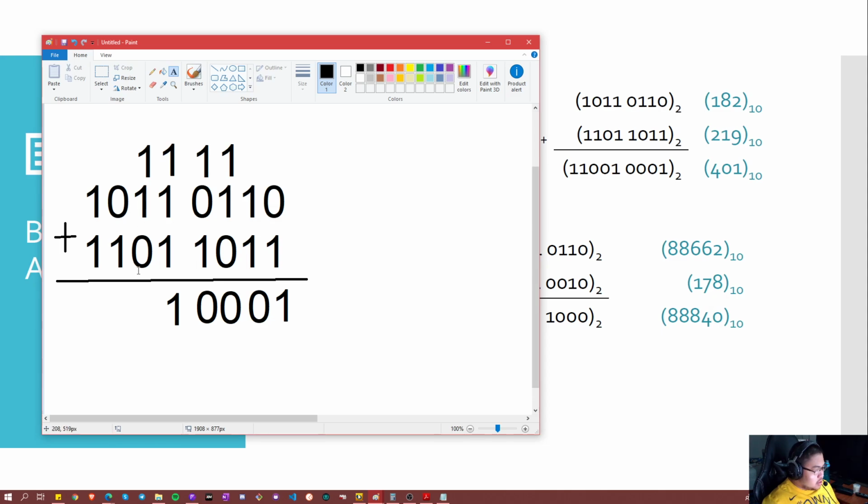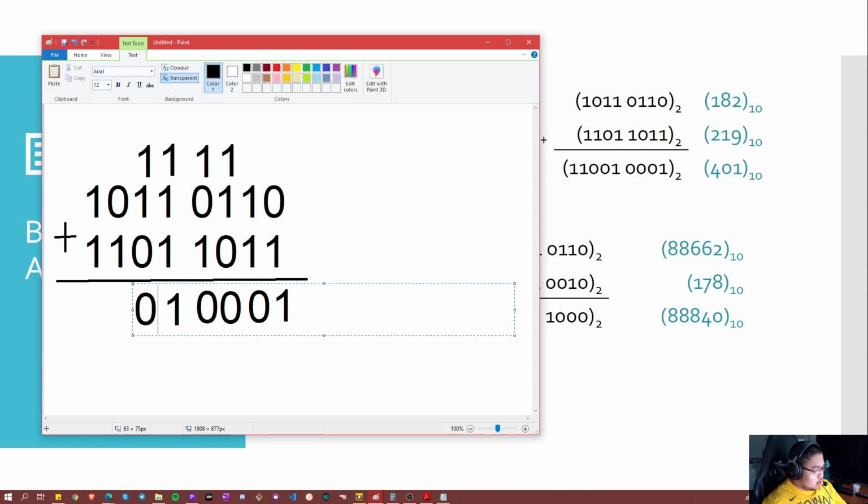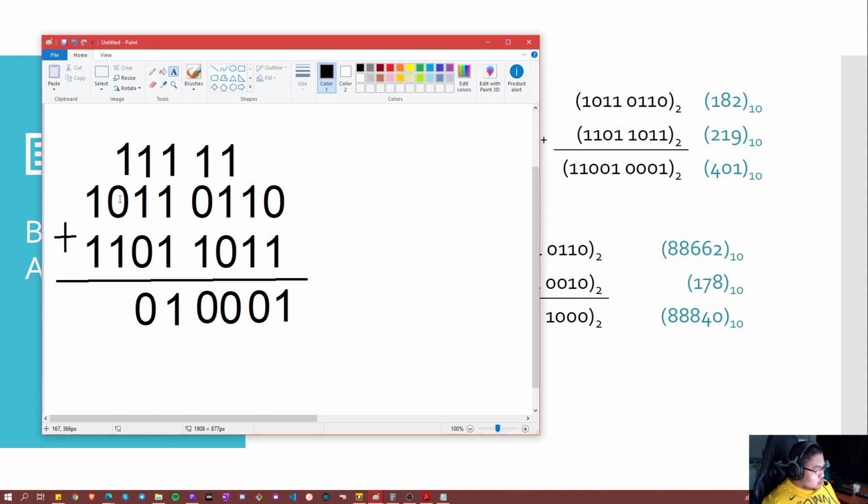Okay, so 1 plus 0 is 1 plus 1, 1, 0. So this one is again 0, carry 1. So 1 plus 0 is 1. Then 1 plus 1 is 1, 0.